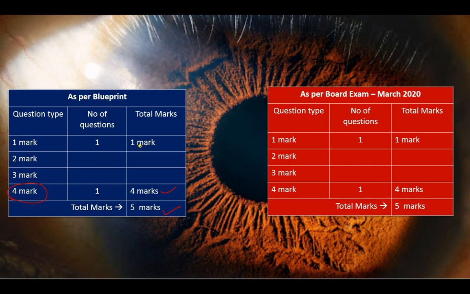And one question of 1 mark which will be very logical in nature, an understanding based question, total 5 marks. And in board exam 2020 also the paper pattern was exactly followed. One question of 1 mark and one question of 4 marks, total 5 marks. Fine. So the chapter is of 5 marks. Please note this down for your own personal information or for preparation point of view. And now we will discuss the human eye.